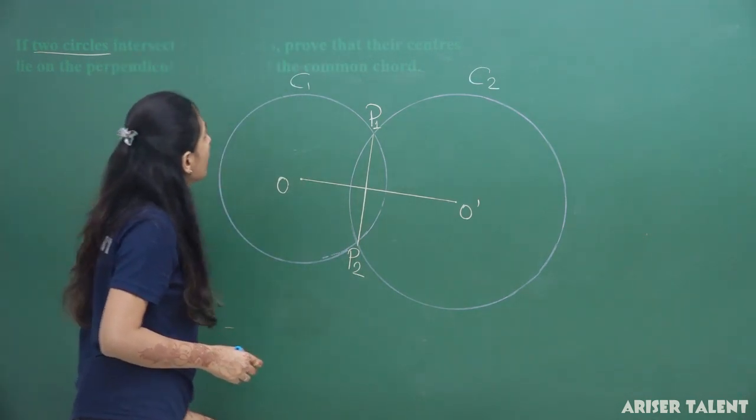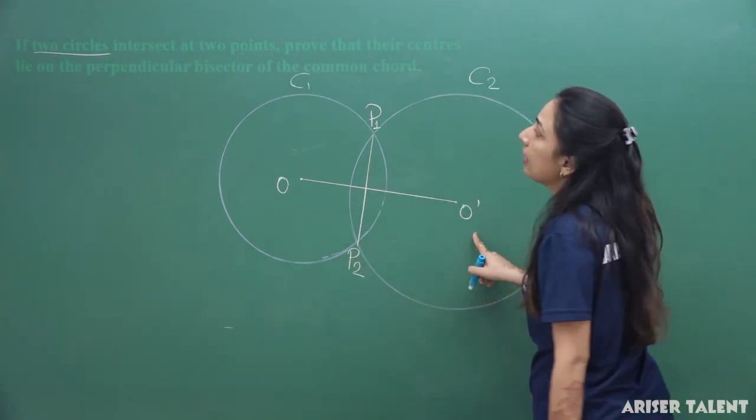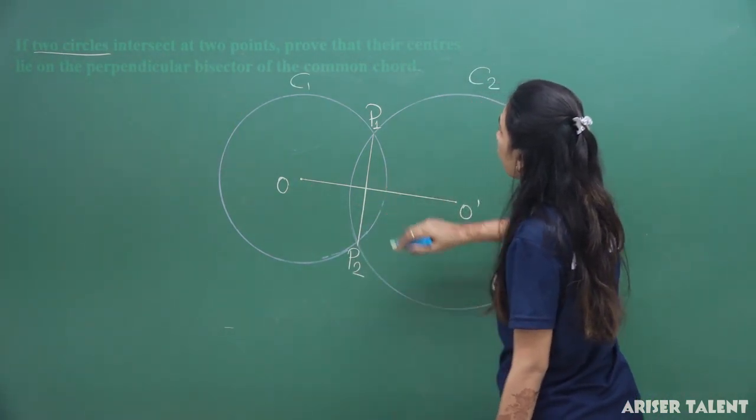what it is saying, prove that their centers lie on the perpendicular bisector of the common chord.